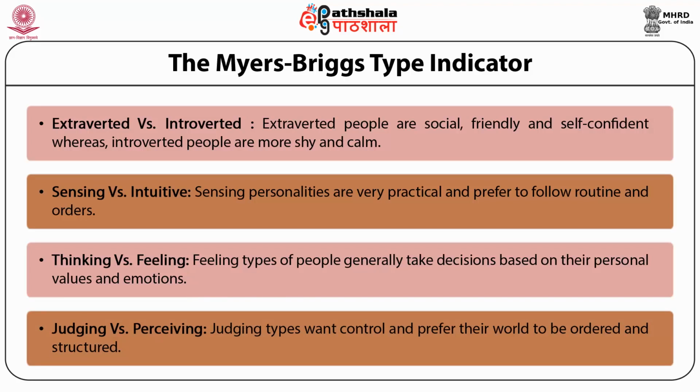Judging types of personalities want control over their decisions and prefer their world to be ordered and very structured, whereas perceiving types are more flexible and spontaneous. Therefore, we can say that the MBTI instrument categorizes the personality of human beings into these four classifications.